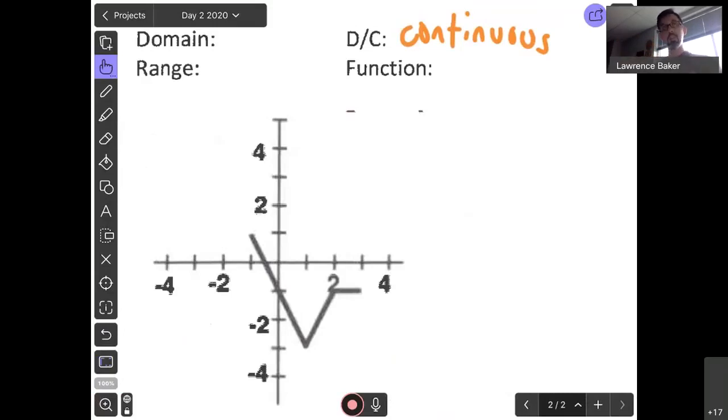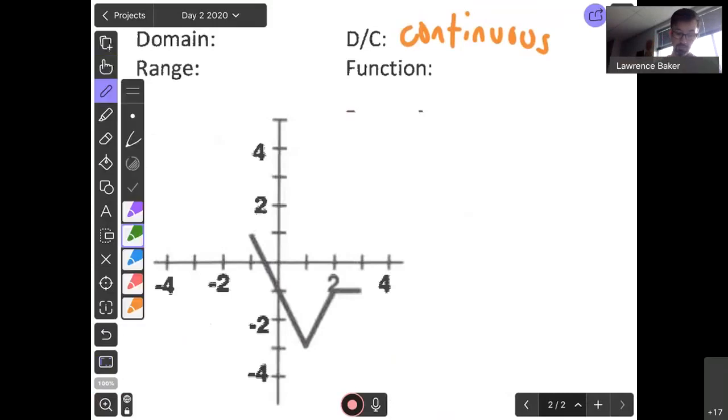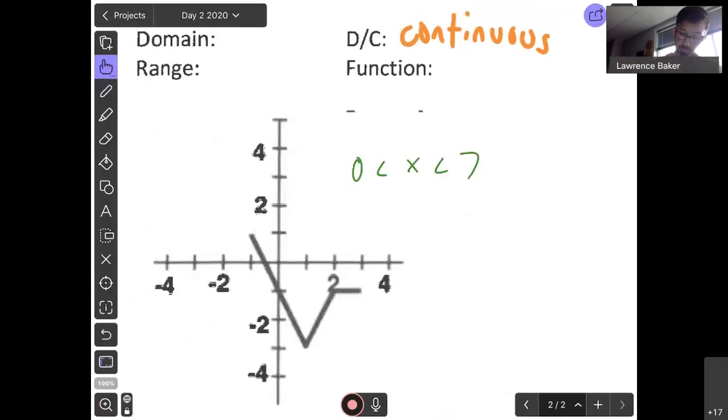Or if I want to say all of the numbers that are between 0 and 7, right? So we have an old way of doing it, which is using inequalities. What we're going to do today is a slightly shorter way of writing that, which is called interval notation. I'm going to show you what that looks like right now.